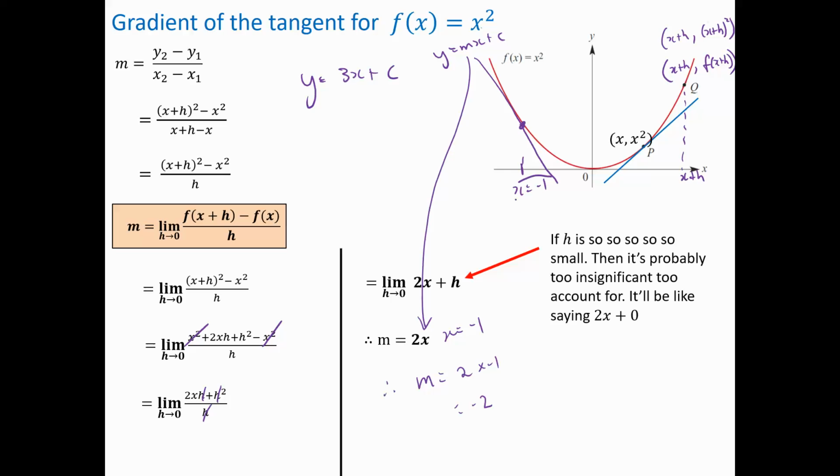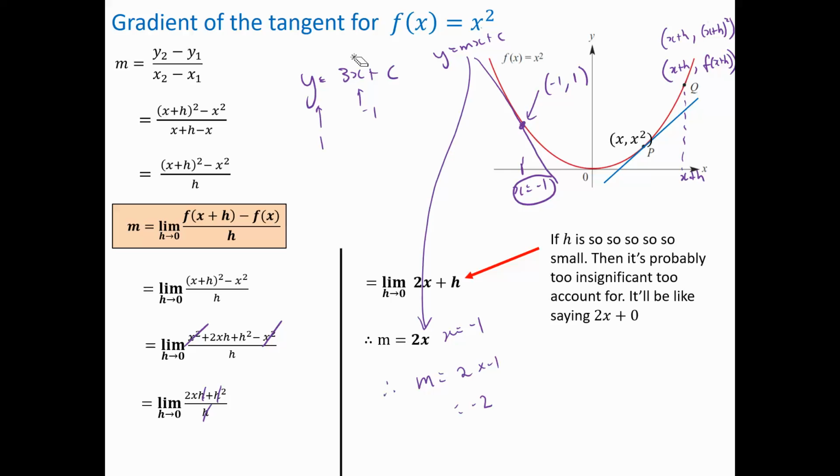If you know x is -1, how do you find the y value? What's the function? So -1 squared is? So I already got a point. If I want to find c, when x is -1, y is 1.